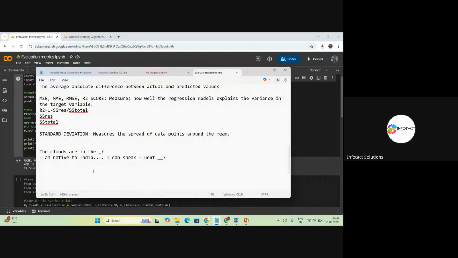What is standard deviation? It measures the spread of data points around the mean. I discussed it in the last class and told you how to calculate the standard deviation as well. Right, all of you? Yes, sir. So overall, the evaluation metrics are completed.